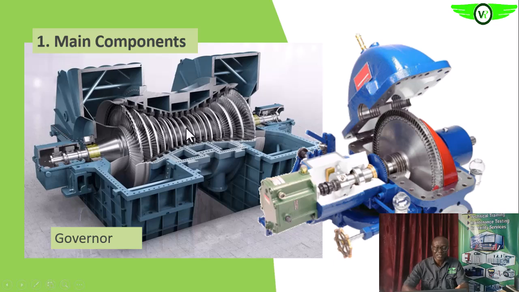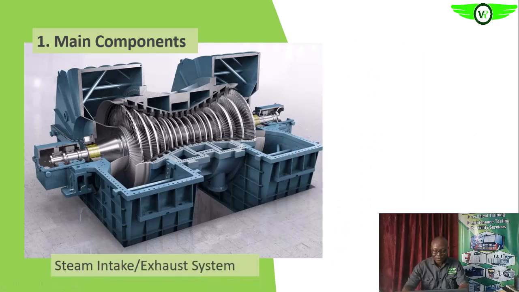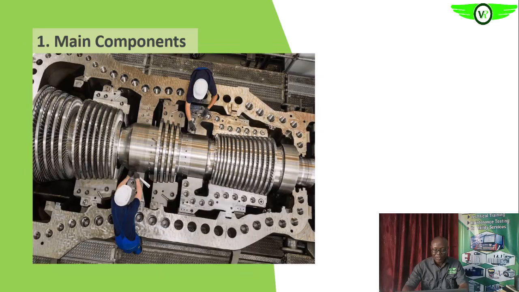The steam is administered into the turbine, this is where it comes in, and then it flows both ways. The steam that comes this way is exhausted through this exhaust, and here we have another exhaust. We'll get all of this clearer later as we go along. So that's about the intake and the exhaust system.